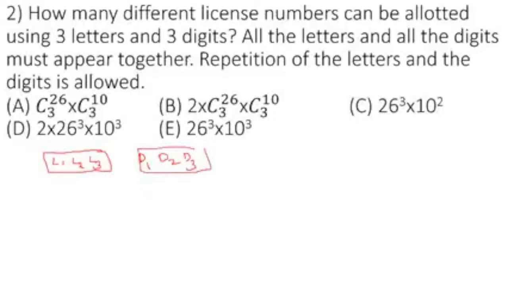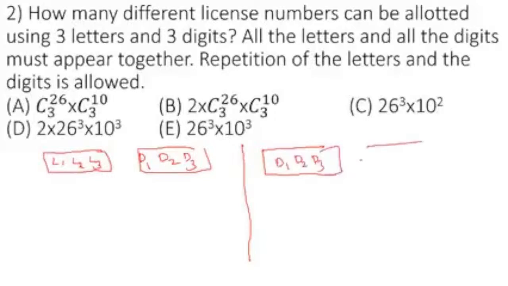So how many ways can we arrange? He did not mention whether the first priority should be only letters or digits here. So the possibilities are it can be letters, after that digits can happen, L1, L2, L3 followed by D1, D2, D3.